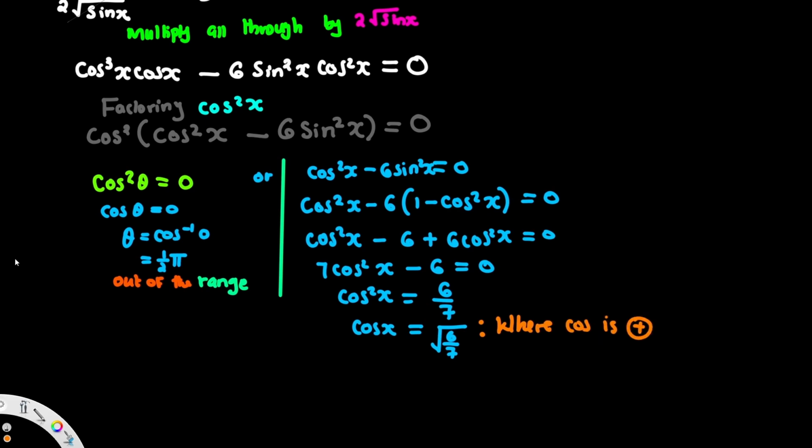I've always mentioned in this channel that anytime you are solving and finding different values of x, you need first to pause and know where you are finding the values of x, where cos is positive. Cos is positive in the first quadrant and in the fourth quadrant.